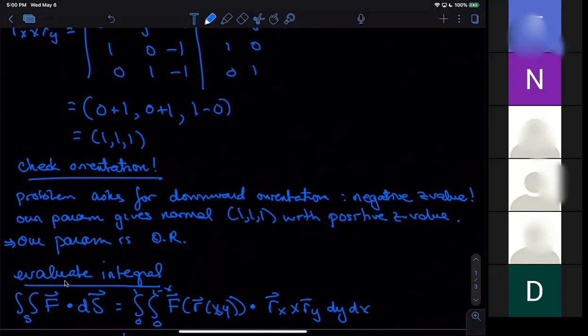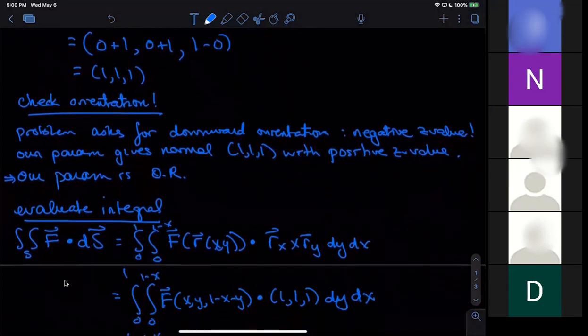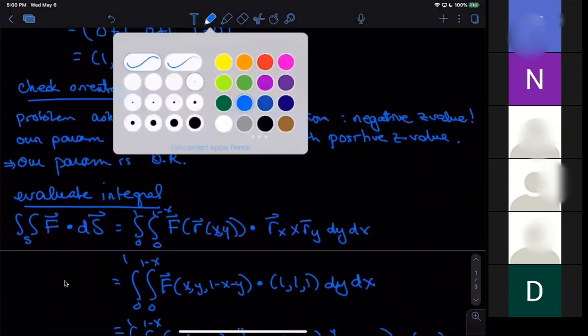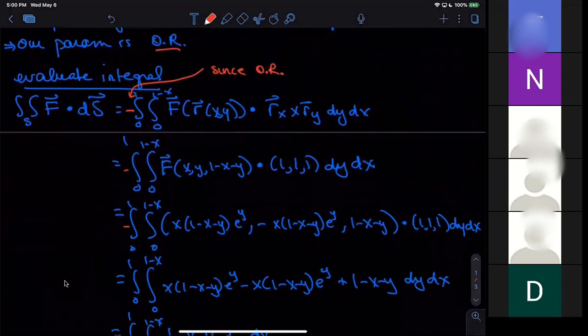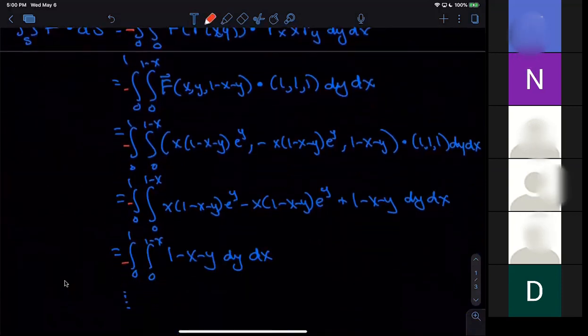You're exactly right, Aima and Roger, and I just forgot to put it, so thank you for calling that out. Since it's orientation reversing, there should be a negative sign here. Good. So negatives for all these, etc. Okay, good, awesome. What else?